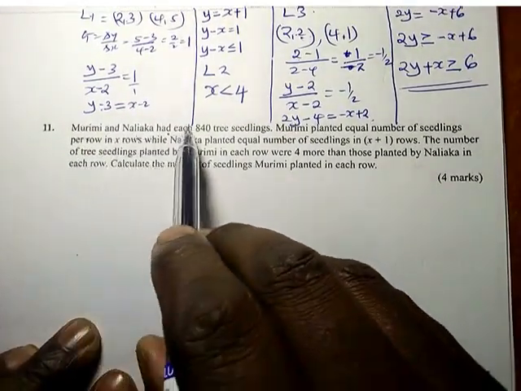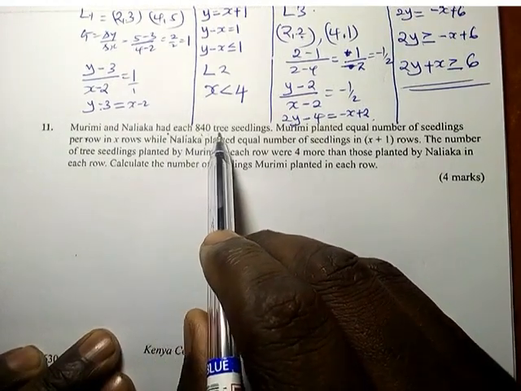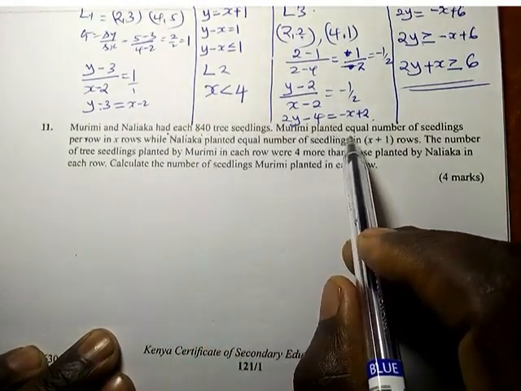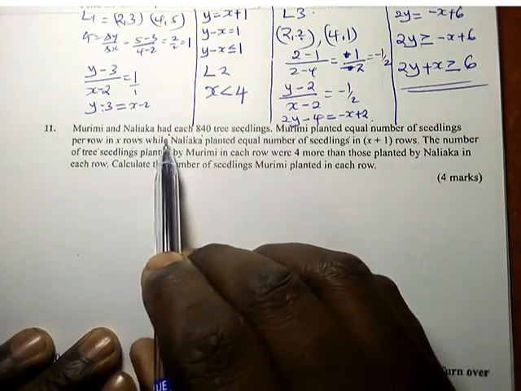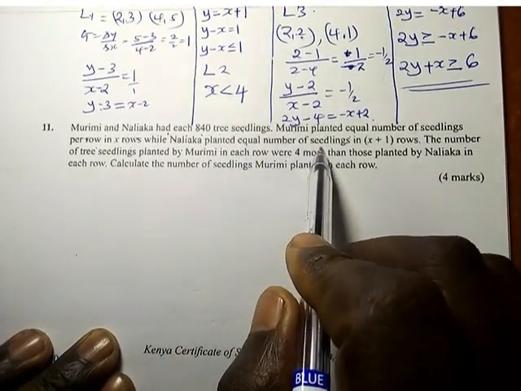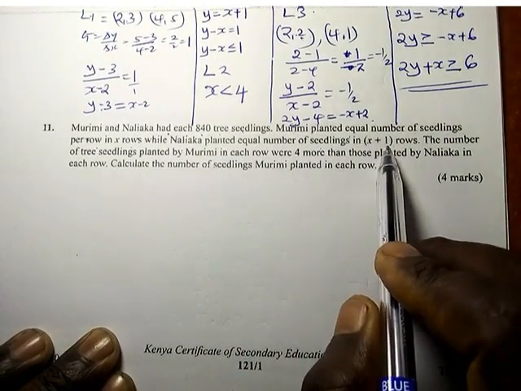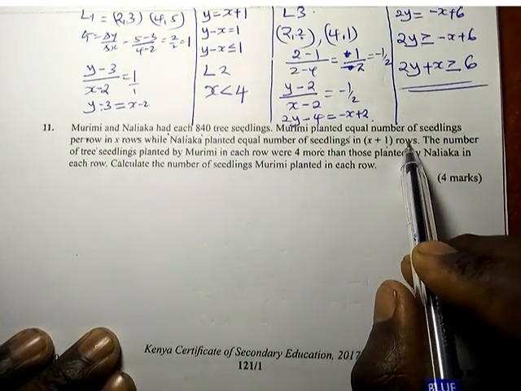Mulimi and Naliaka had each 843 seedlings. Mulimi planted equal number of seedlings in x rows, while Naliaka planted equal number of seedlings in x plus 1 rows.